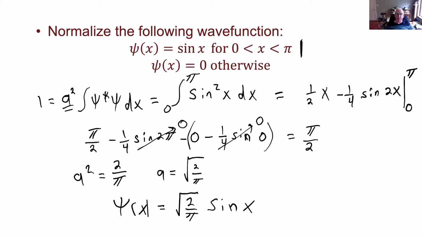So with that constant in front, now I have a normalized wave function. So now I can properly interpret my probability distribution by taking psi squared. That's what it means to normalize a wave function: to make sure we have the appropriate constants in front of things to force that integral to be equal to 1.